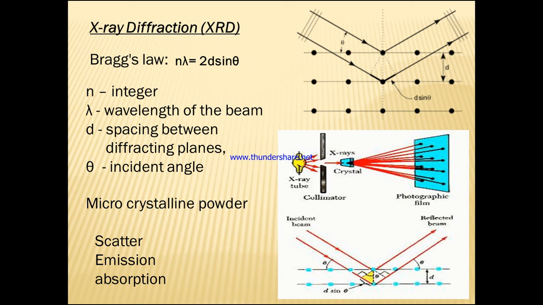So that is nothing but the filters. The monochromator is nothing but a crystal here, which acts like the crystal. So unwanted rays will be removed, and only the required rays, which have high energy, will be passed through the crystal here.